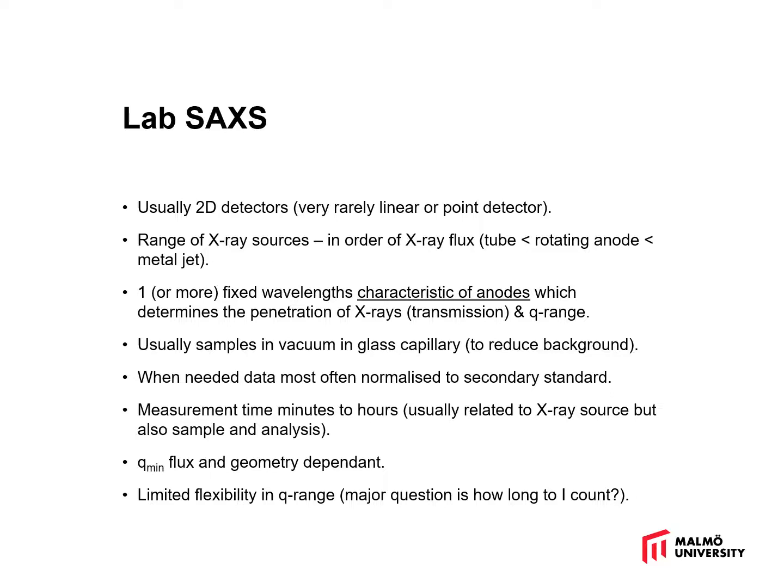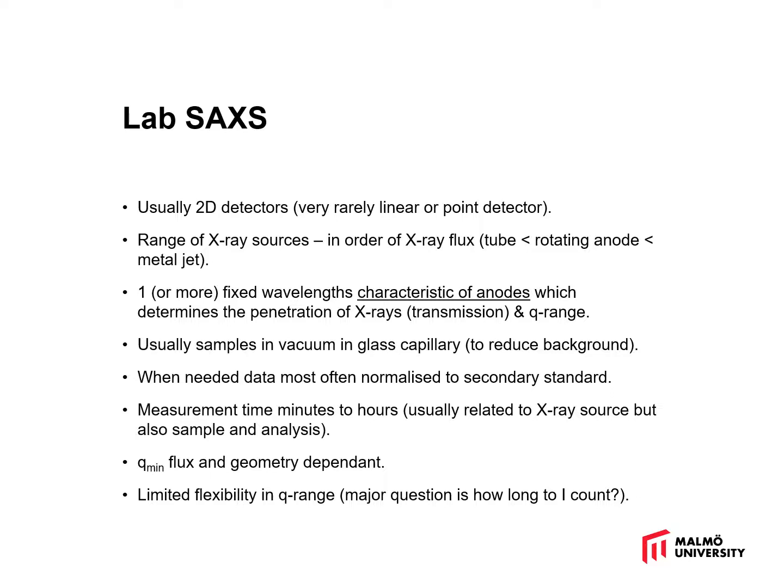The Q min is flux and geometry dependent, so usually you can move the detector a fixed distance away from the sample, and in one sense that determines the Q min, but also as you move it further back there's less to count and the background becomes relatively higher.